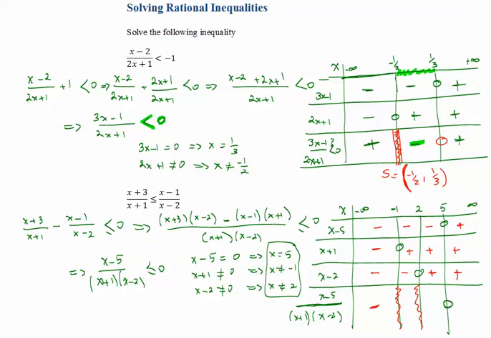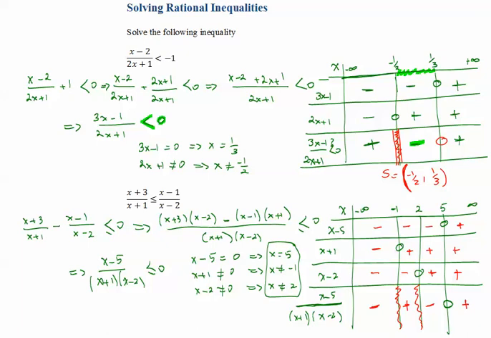So negative over positive times a negative, so two negatives basically is positive. And here we have negative over positive times positive, so negative over positive is negative. All positives will make it positive.